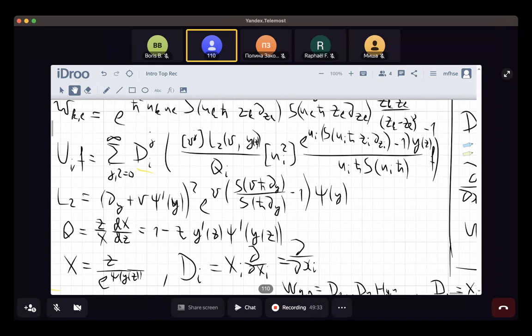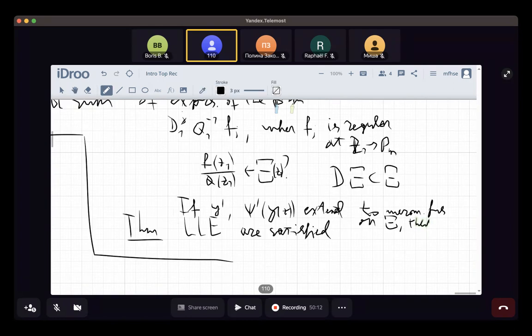So if y prime and ψ prime of y times z extend to meromorphic functions on Σ, then all equations are satisfied. Okay.